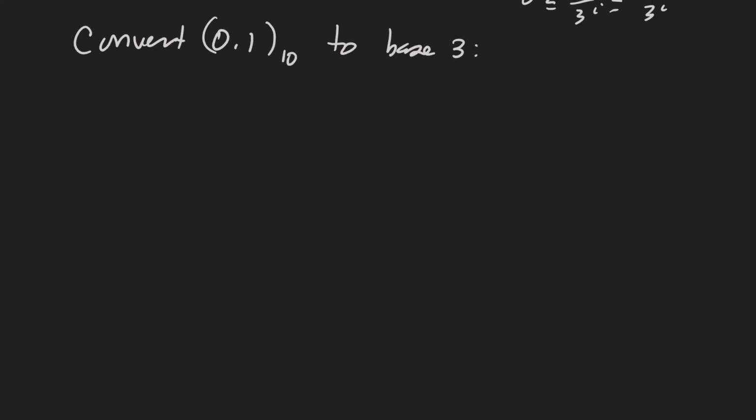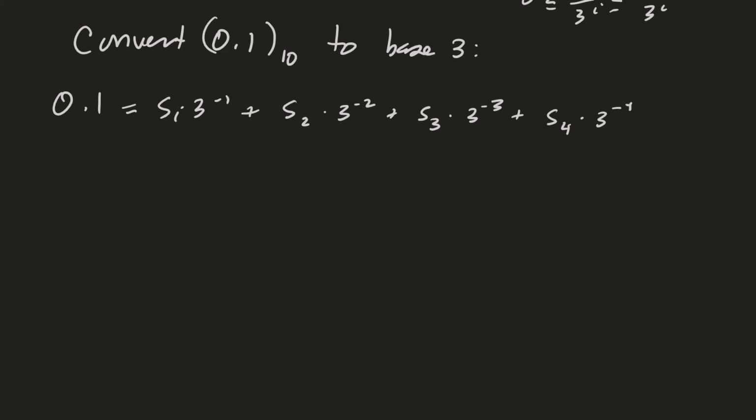But the idea here is that we want 0.1 to be equal to, I'll call it s1, times 3 to the minus 1, plus s2 times 3 to the minus 2, plus s3 times 3 to the minus 3, I'll do a couple more, s4 times 3 to the minus 4, and so on. Okay?